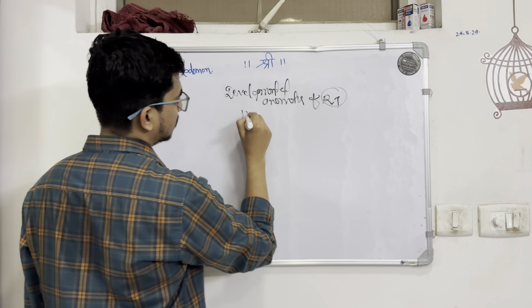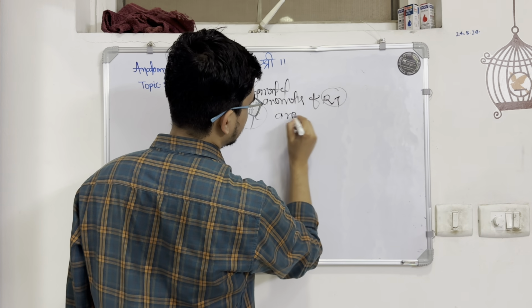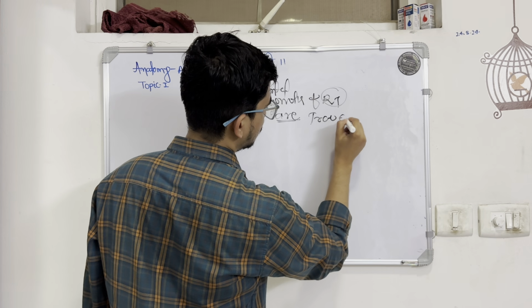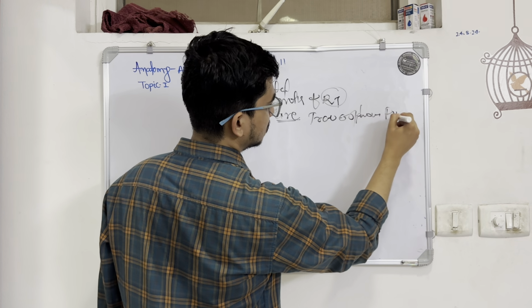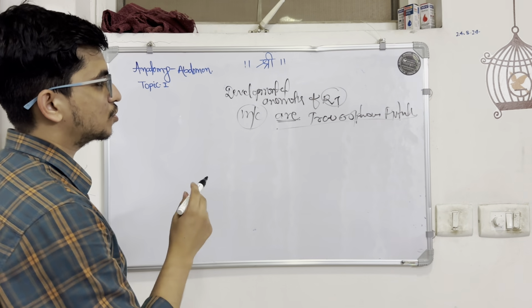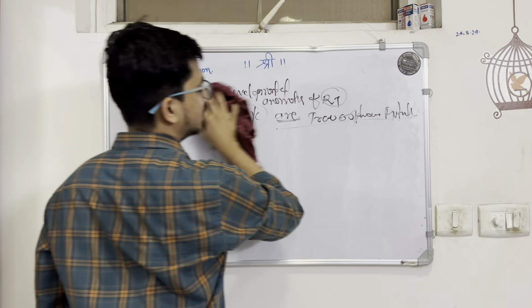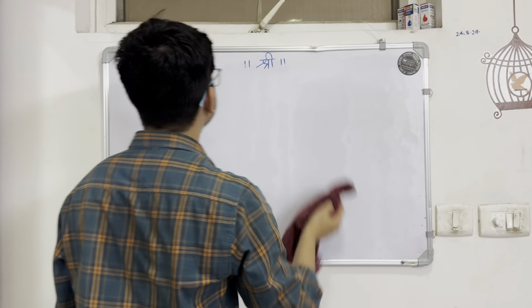The most common anomaly is the trachea-esophagus fistula. There are 6 types. We'll discuss one by one.